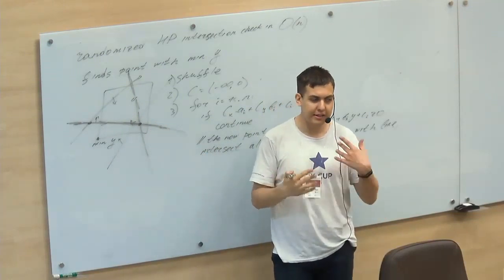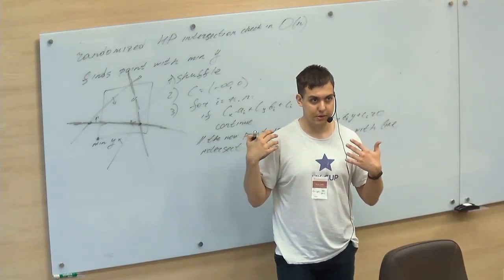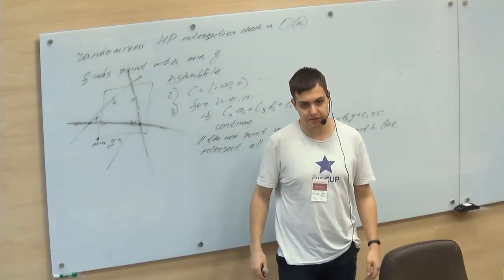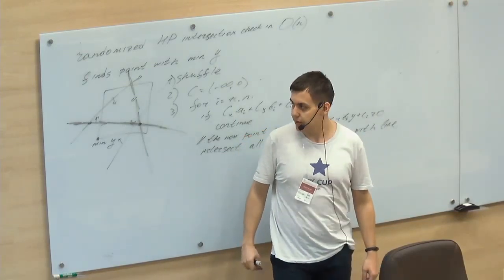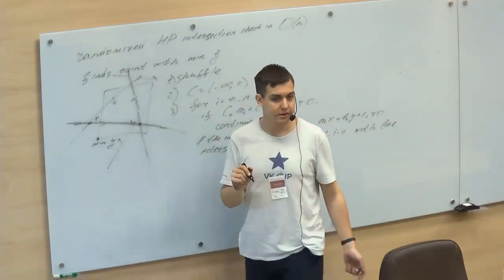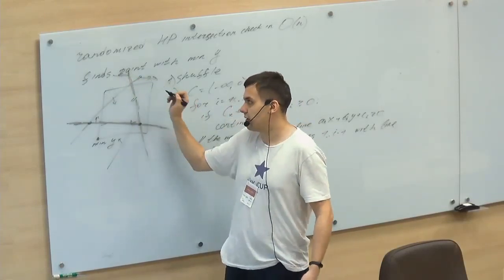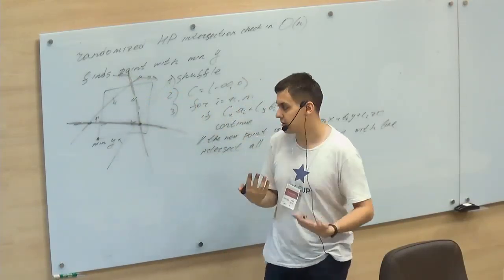Either their intersection is empty, which means that the half plane intersection is empty. Maybe we added a line that is somewhere here, so there is this half line and this half line, and they do not intersect.